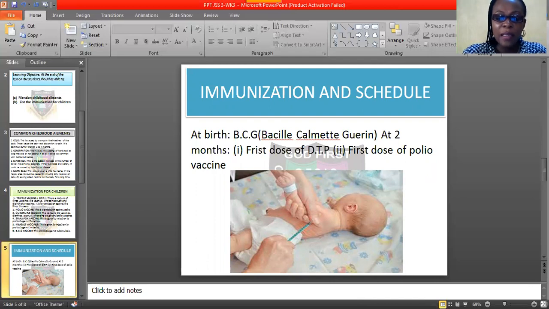You can see this woman or doctor trying to give this child the vaccine. You can look at it. He's trying to give the child the vaccine with the syringe. This is a children's syringe.